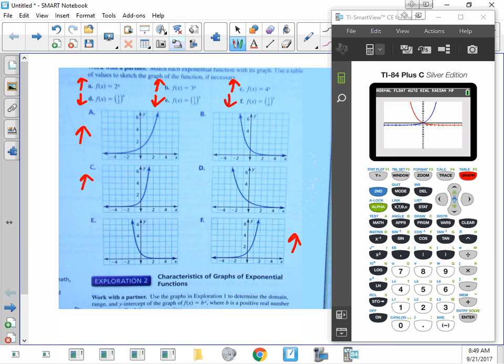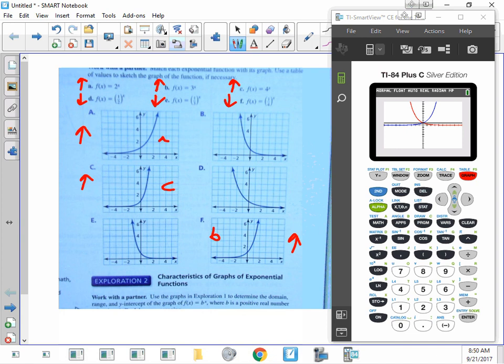C is going up the fastest, so that must be C, little c. Okay. Which one's going up the slowest? A. So this is little a, and then F is in the middle, so that would be letter B. Do you guys get that?